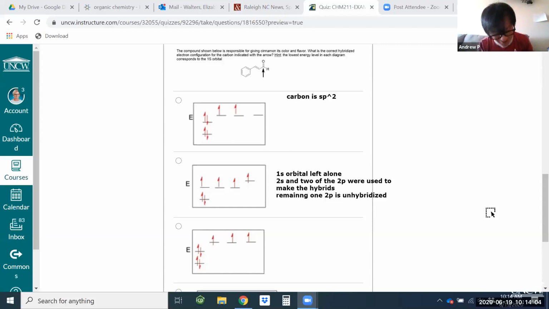To be completely honest with you, I am not a huge fan. You guys used MyLab and Mastering in general chemistry. And in general chemistry, I added in those dynamic study modules, and people seemed to like them better than the static homework, because they ended up being tailored more towards the student needs.